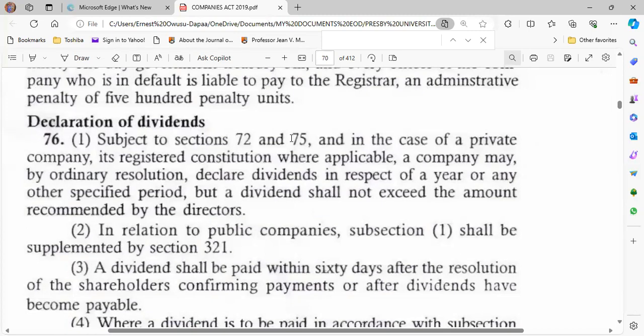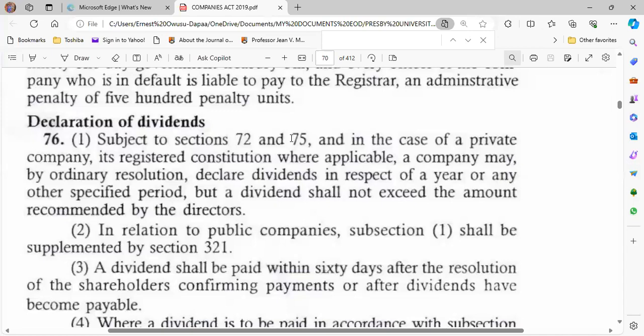Now, when the directors have taken all these things into account, then they say that, okay, the company has made a profit of 1 million Ghana cedis. We recommend that the shareholders may resolve to share, let's say, 500,000 cedis as dividends, or 300,000 or 200,000 out of the 1 million profit made as dividends.